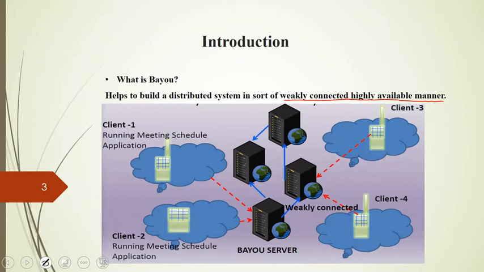This figure gives an idea about the Bayou server and how the clients are trying to run concurrent activities in the Bayou server and how the server is connected to the different servers in the network. All these things you can see from this figure.